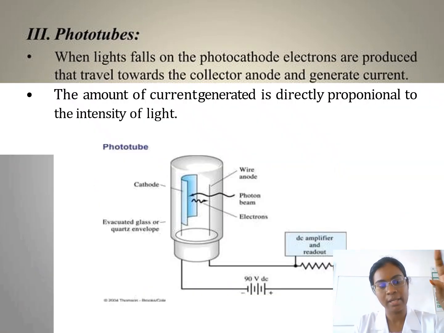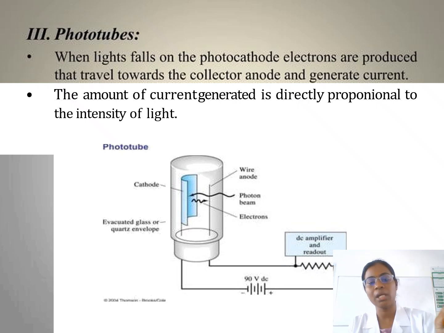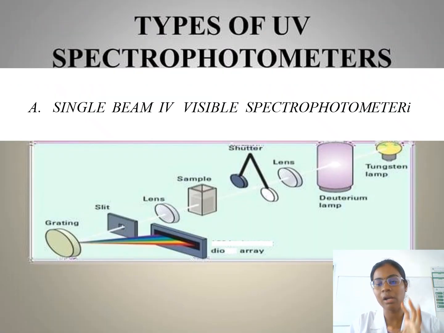Then the phototube: when light falls on the cathode, electrons are produced that travel to the anode and generate current. The amount of current generated is directly proportional to the intensity of light. DC amplifiers are used with the recorder or reader.